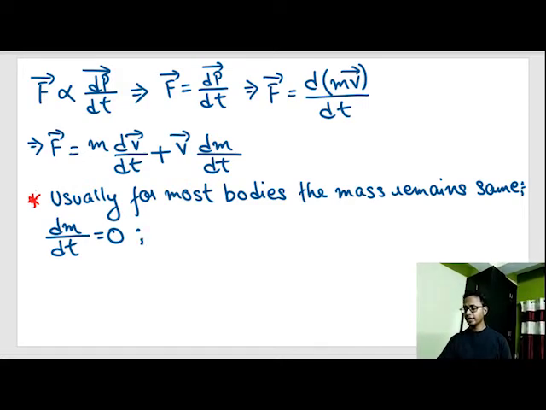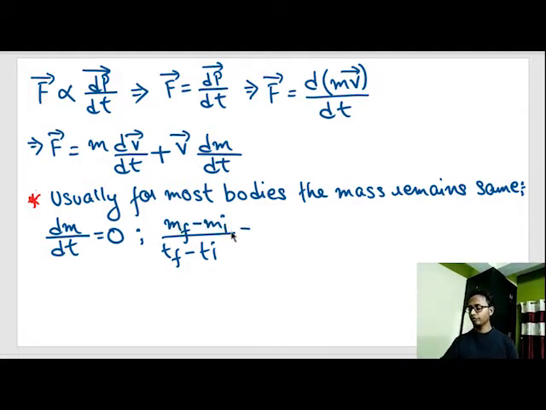Why? dm by dt can be written as final mass minus initial mass by final time minus initial time. If mass is equals to constant, final mass would be equals to initial mass. Therefore, they would get cancelled to form 0. Okay, so dm by dt is equals to 0.